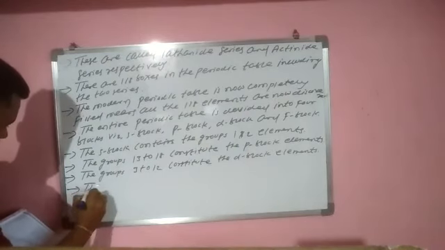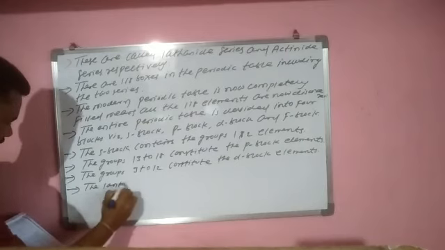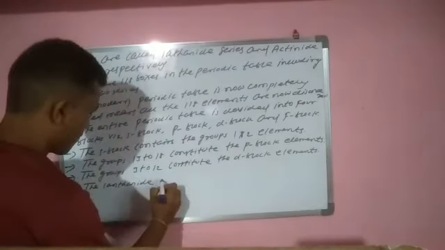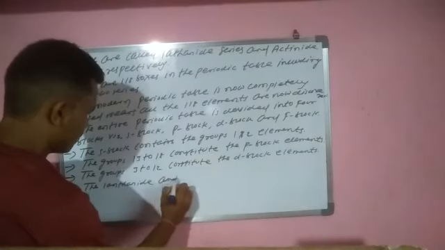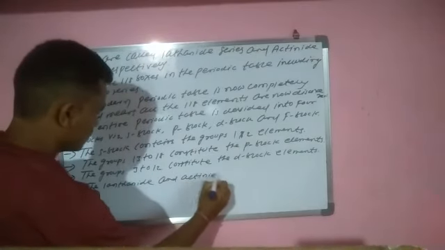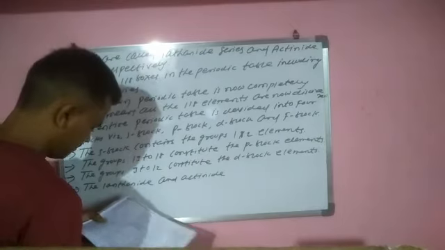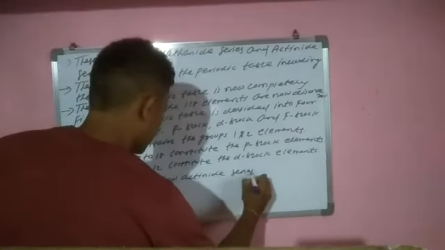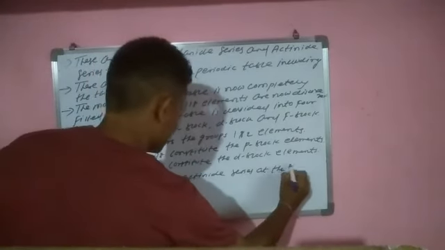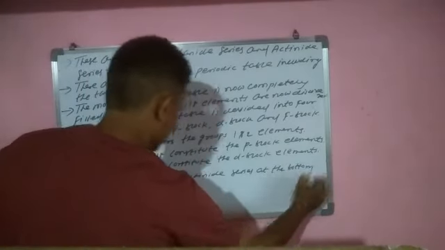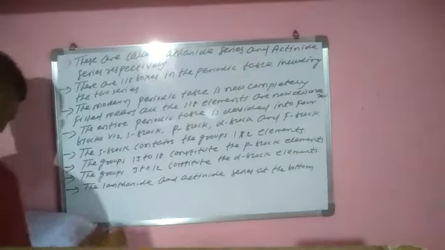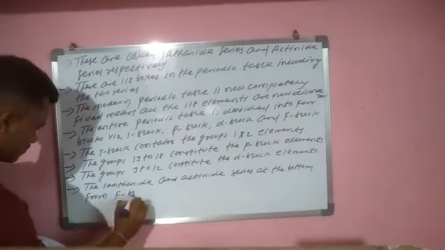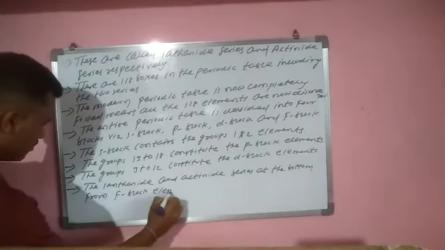The lanthanide and actinide series at the bottom form the F block elements.